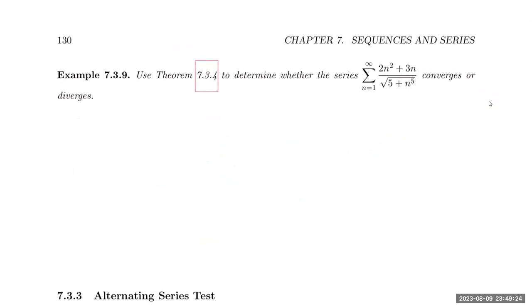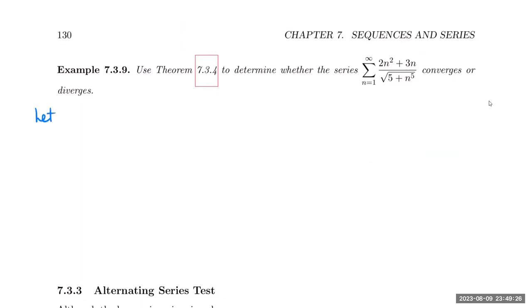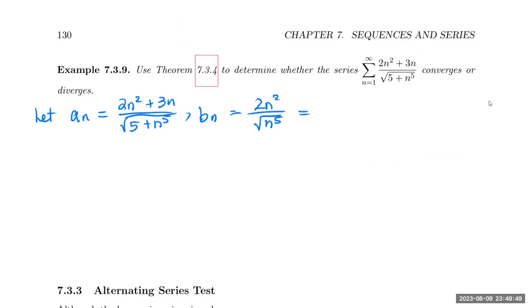So we're going to let an be the terms of the sum, and we're going to let bn be 2n squared divided by the root of n to the fifth, which is also the same as saying 2 times n to the power 1/2.